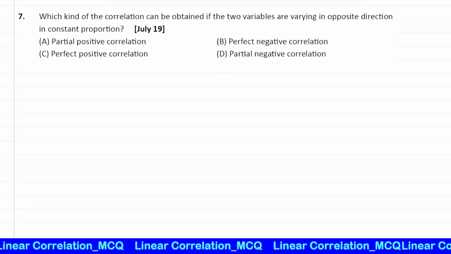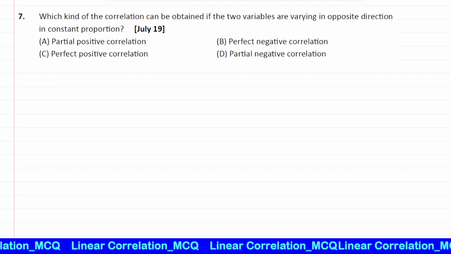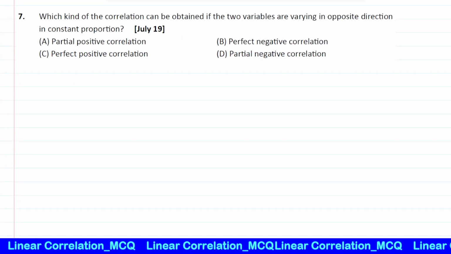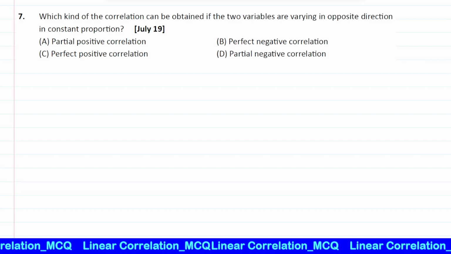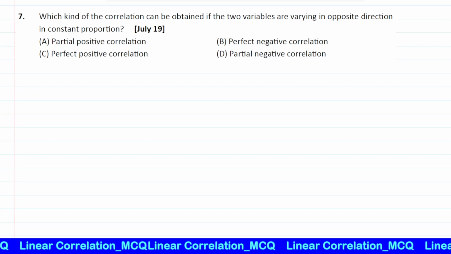Question 7, July 19. Which kind of correlation can be obtained if two variables are varying in opposite direction in constant proportion?